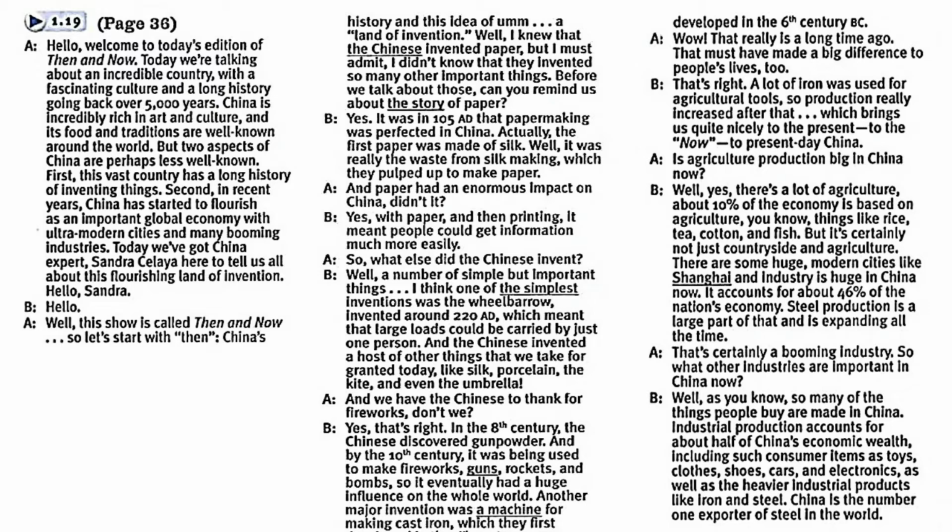Yes, it was in 105 AD that papermaking was perfected in China. Actually, the first paper was made of silk. Well, it was really the waste from silk making, which they pulped up to make paper. And paper had an enormous impact on China, didn't it? Yes, with paper and then printing, it meant people could get information much more easily. So, what else did the Chinese invent? Well, a number of simple but important things.